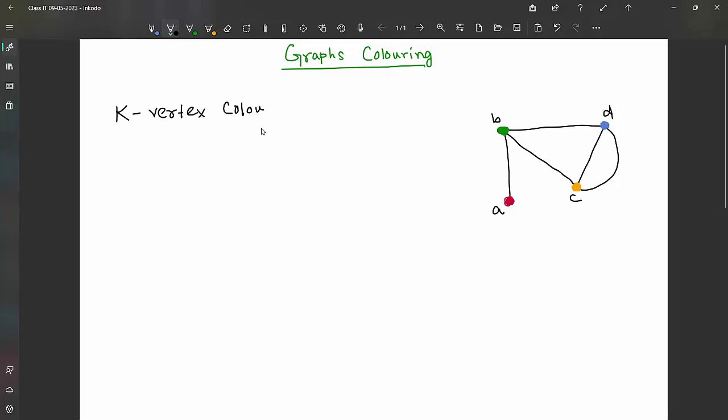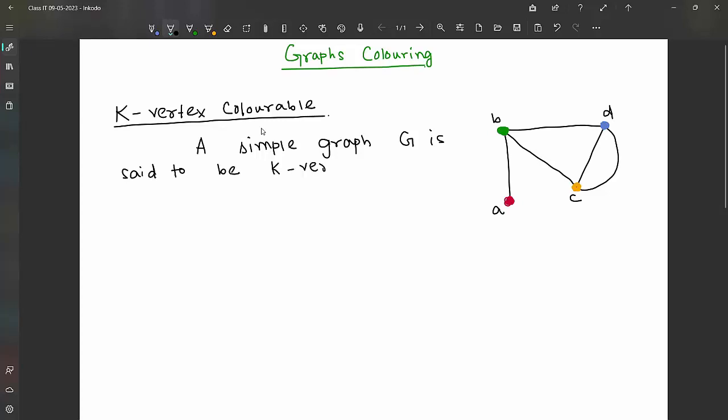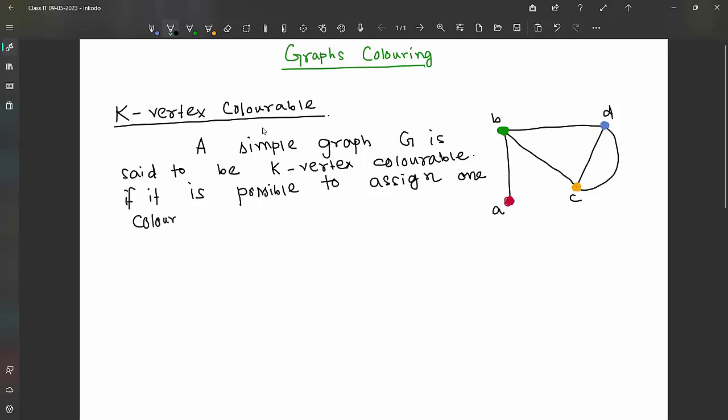A simple graph G is said to be k vertex colorable if it is possible to assign one color, from a set of k colors, to each vertex.